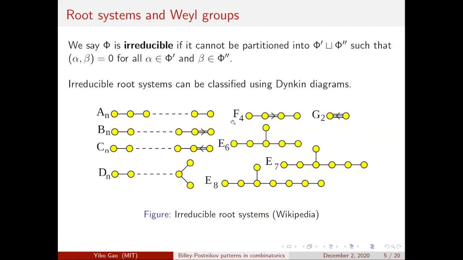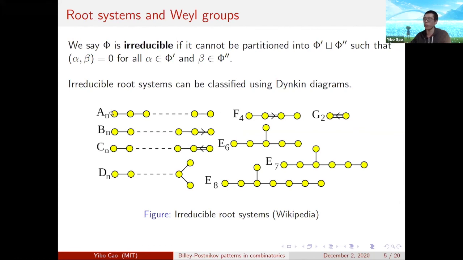The Weyl group is generated by each of these si, with some relations. Each si squared equals 1, so each si is an involution. And for each edge here, this means that (si sj) to the third power equals 1.